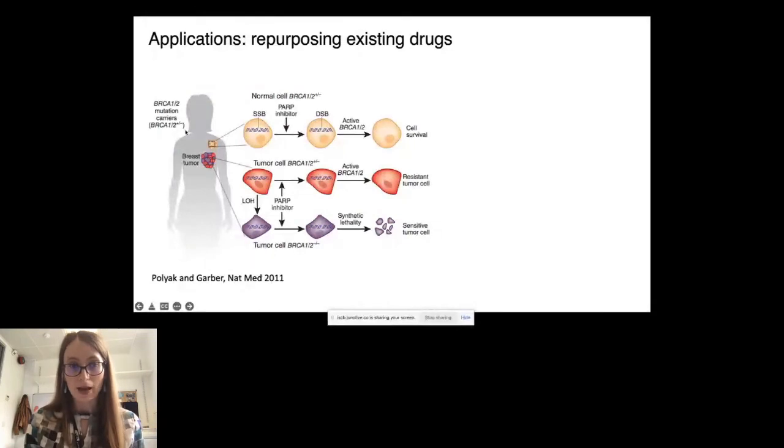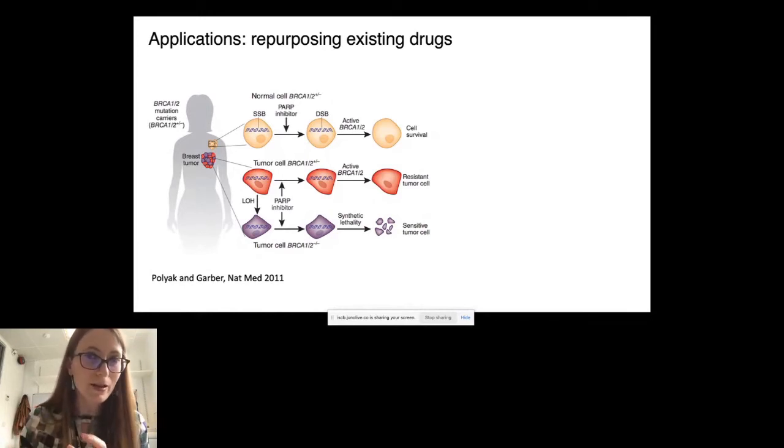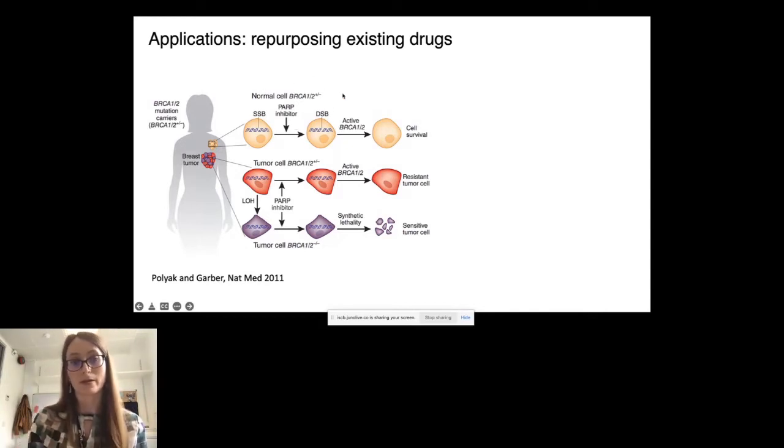So what happens in cancer is that quite often, if you have a BRCA1 or 2 mutation, then indeed this process is impaired. So the cells have a sensitivity to double-strand break damage. And what one can do then is intervene with a PARP inhibitor. So PARP is another gene acting on this pathway. So you basically hit that gene, and this leads to the collapse of the whole double-strand break repair pathway.